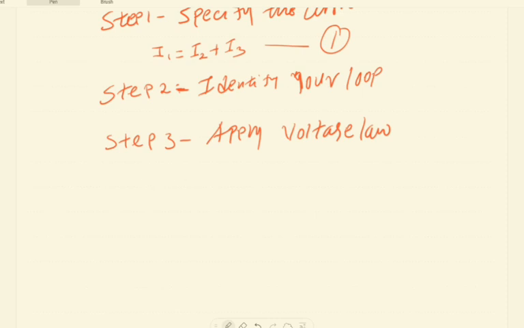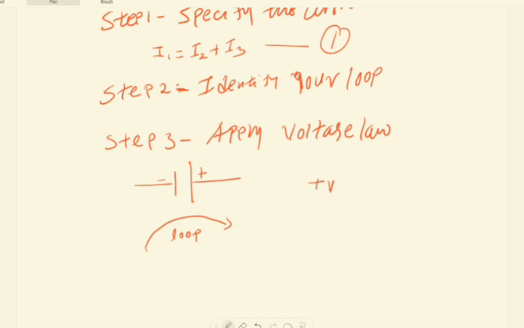Now we have a potential source. When the potential source and the loop are in the same direction, this is the direction of the loop, the potential drop at that circuit element is positive.